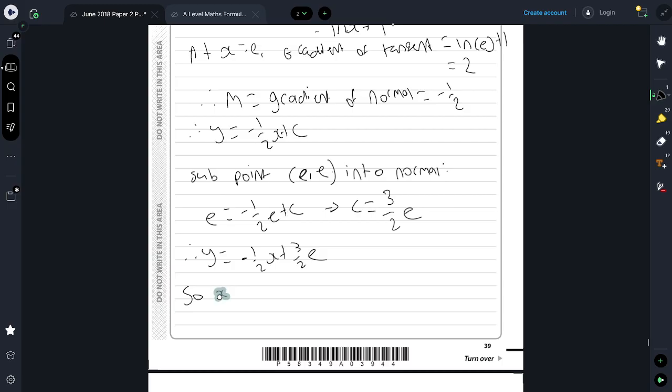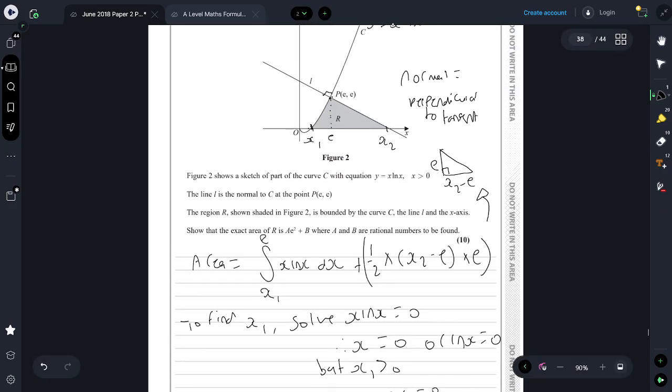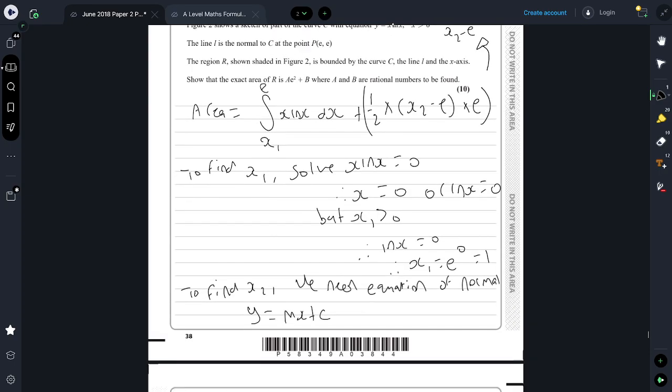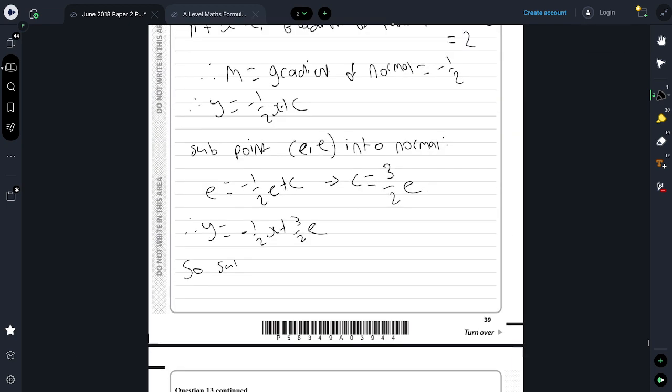So now we want to find x2. Right, let's have a look again. Okay, x2 occurs on the x-axis, right? So that's when y is 0, so we're going to substitute y equals 0 to find x2.